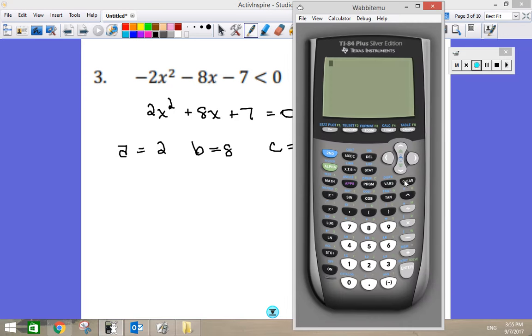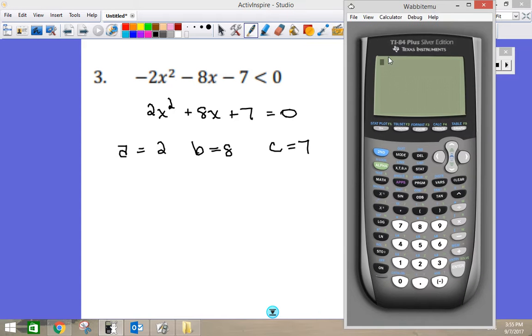So if we jump into our calculator, put parentheses around our numerator. The formula says negative b plus or minus the square root of b squared minus 4ac, all over 2a. So it starts out the opposite of b. Well, the opposite of 8 is -8. And then I'll do subtraction first. And now it's the square root.